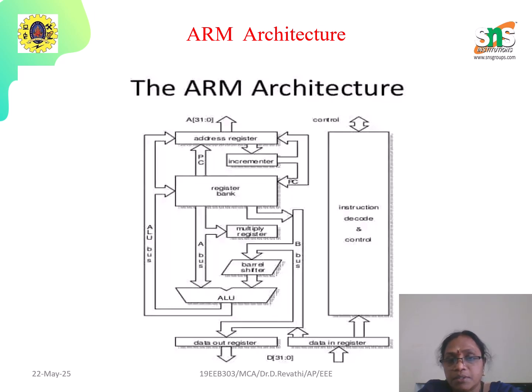The multiply register handles multiplying instructions. The barrel shifter is the most important part of the architecture, because move data, rotate, or shift operations are pre-processed by the barrel shifter. ALU is the arithmetic logic unit, and any arithmetic and logical operations are done by the ALU. So these are the blocks of the ARM architecture.